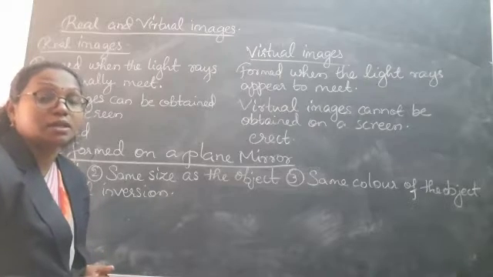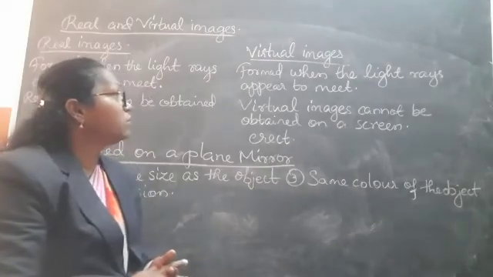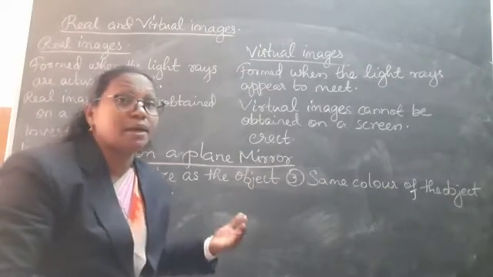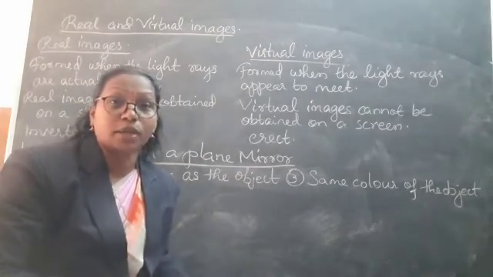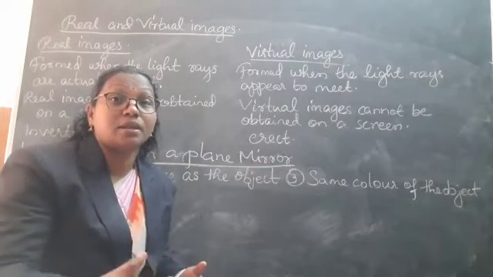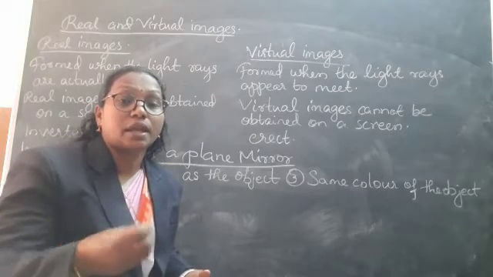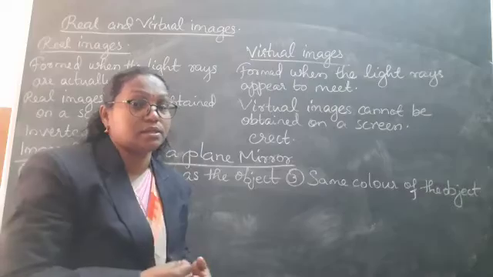Such an image is the real image. But a virtual image is formed when the light rays appear to meet. They do not actually meet, but they appear to meet. That means imaginary lines or imaginary rays create the virtual images.